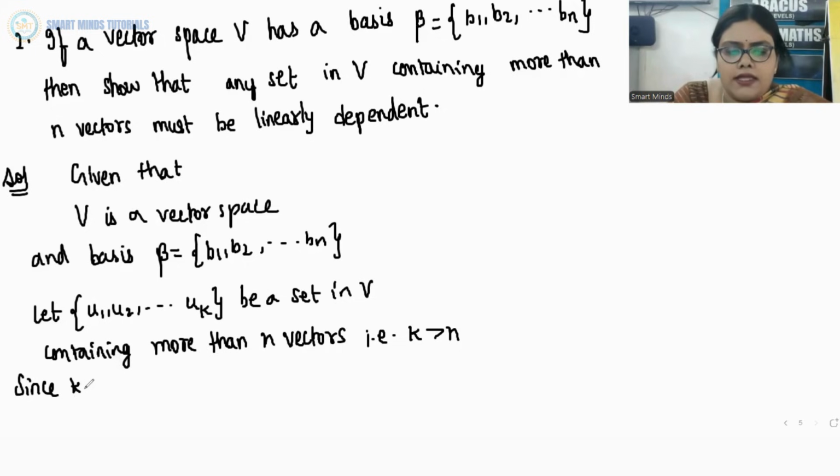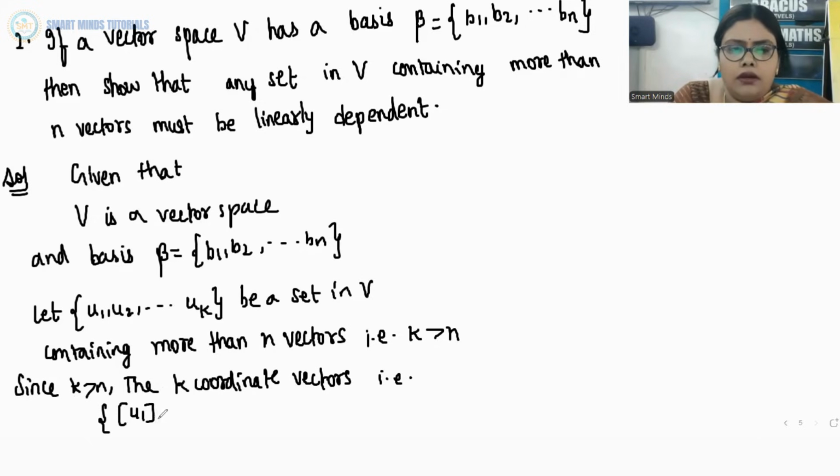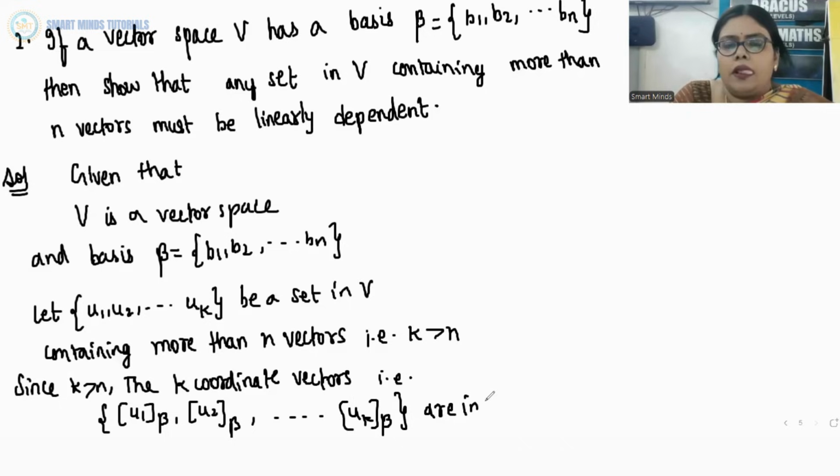Now since K is greater than n, then we can write the K coordinate vectors, that is U1 beta, U2 beta, so on up to UK beta, because beta is a basis, are in R power n.